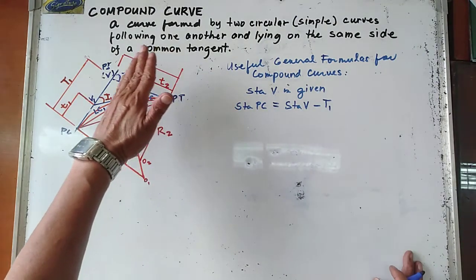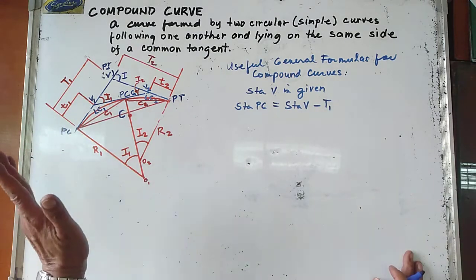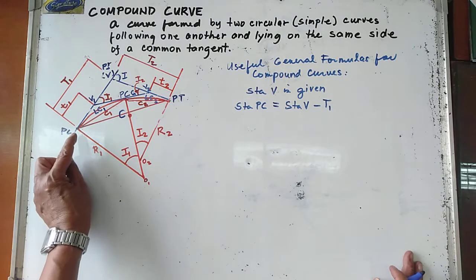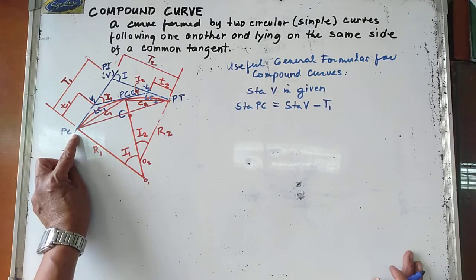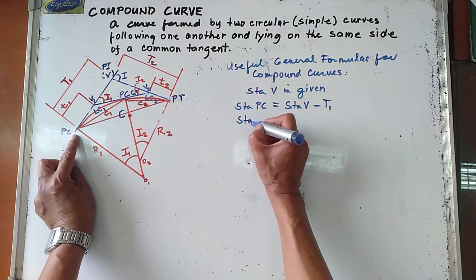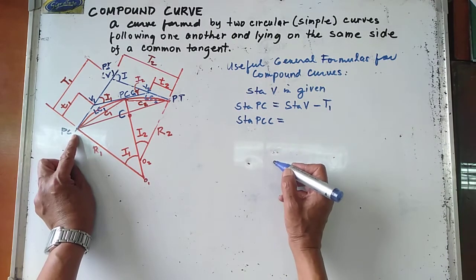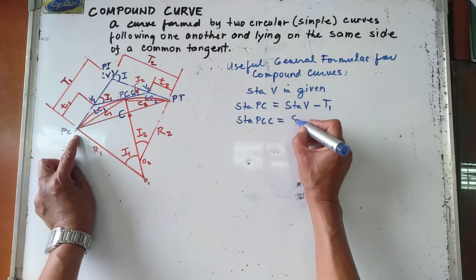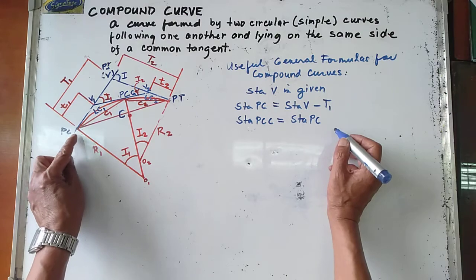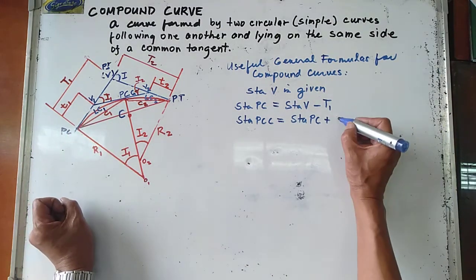You always have to go to where the compound curve starts. And the compound curve starts at the point of curvature, which is now your PC. Now, if you would like to determine your station PCC, that is equal to station of the PC plus the long chord of the first curve.